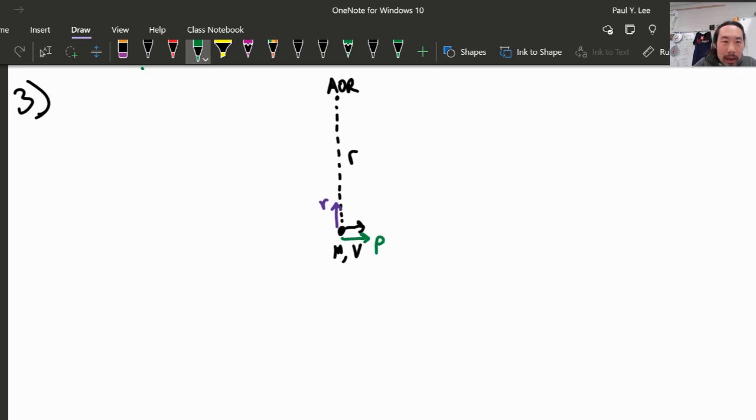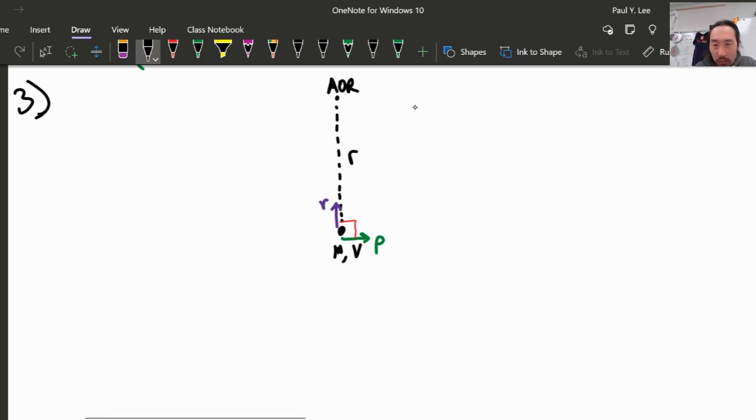Now, the important thing that I want to point out is that my r vector and my momentum vector are at a 90-degree angle. So here we go again with that 90-degree angle. For those of you that have been following along, whenever we see a 90 degrees, that's actually a cross product.